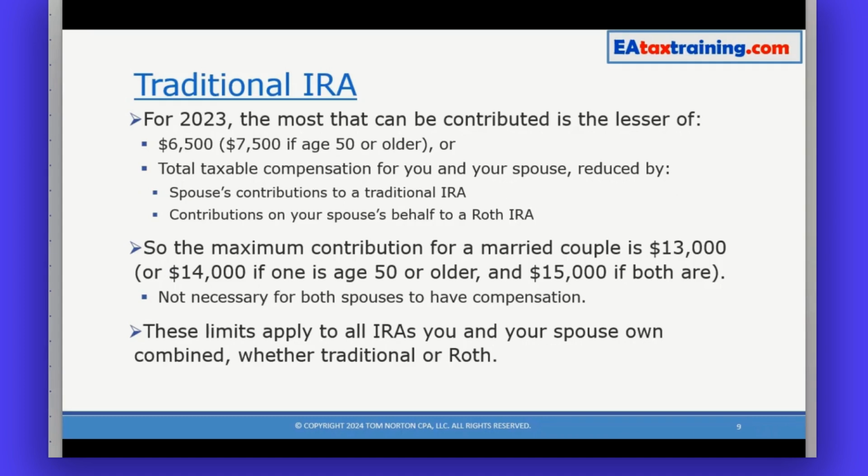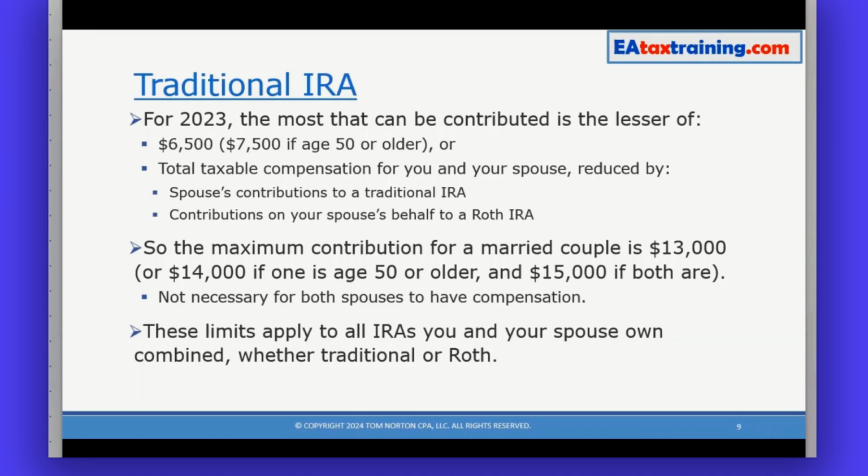You will see a similar concept when we talk about employer retirement plans in other videos. For IRAs, it is $1,000 extra per year if you are age 50 or older. So what this means is that for a married couple, the maximum contribution is $13,000 if both spouses are under age 50.